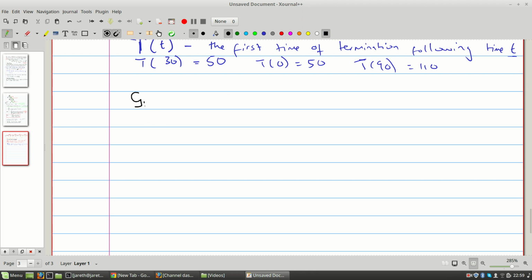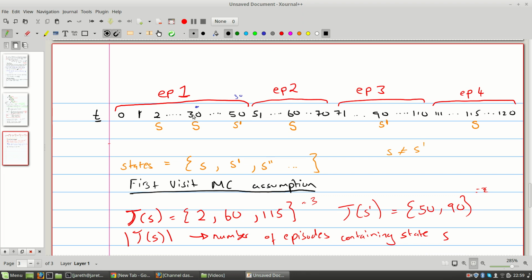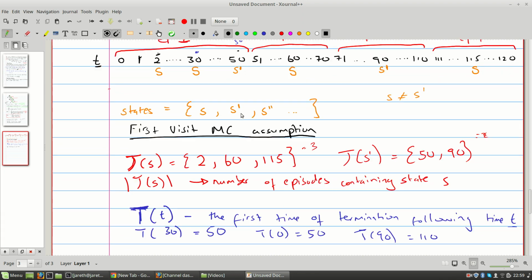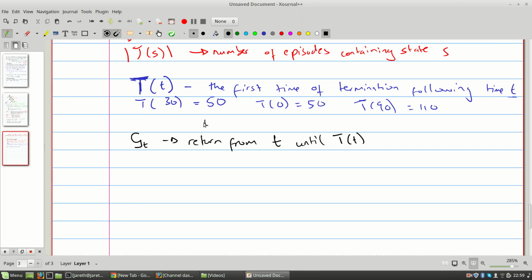So we will define G_t, which is our return, to be the return from time step t until capital T. So if we're computing the return from this state, since we're doing first visit, time step 2, we sum all the rewards from time step 2 until time step 50, because t here is 2 and capital T is 50.